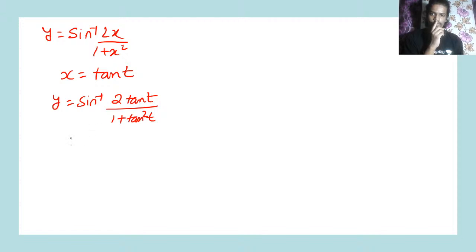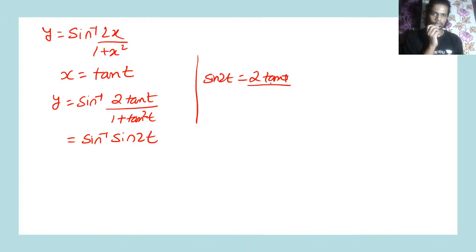And if some of you remember, this is the formula of sine 2t. Basically sine 2t is equal to 2 tan t upon 1 plus tan square t. Now this sine inverse sine will cancel out, you will be left with 2t.